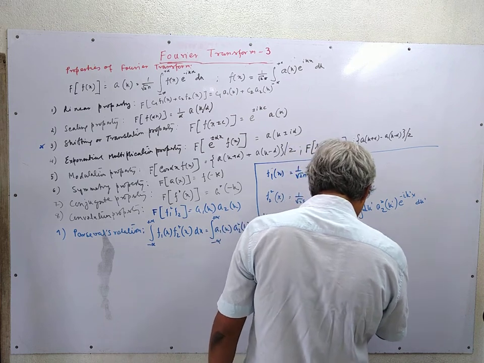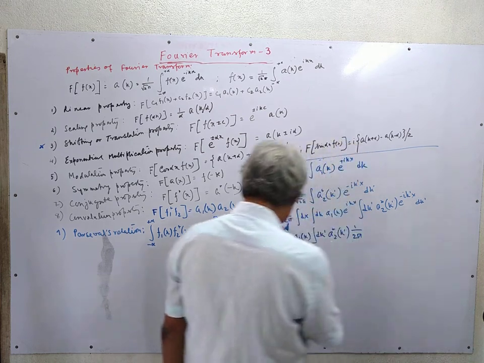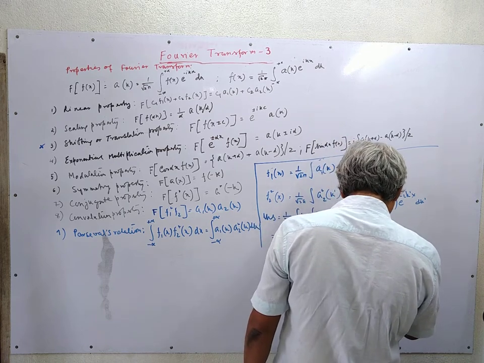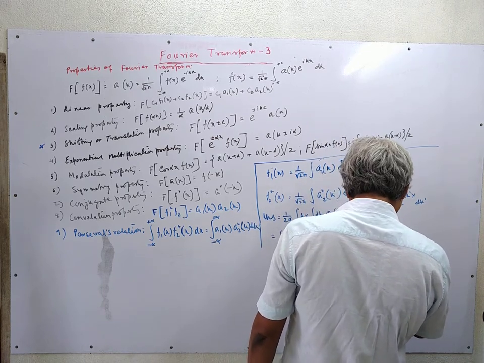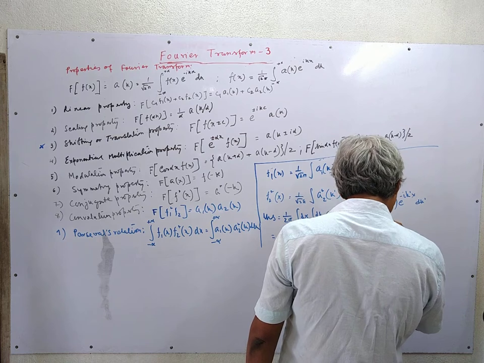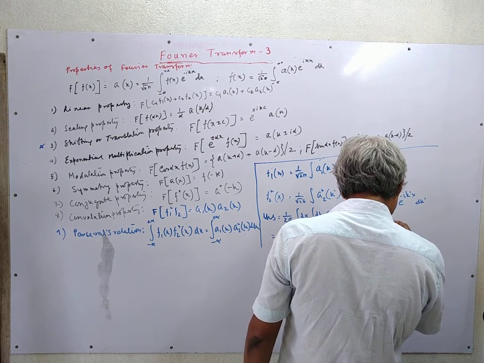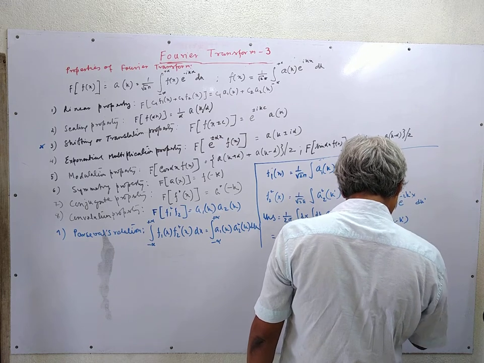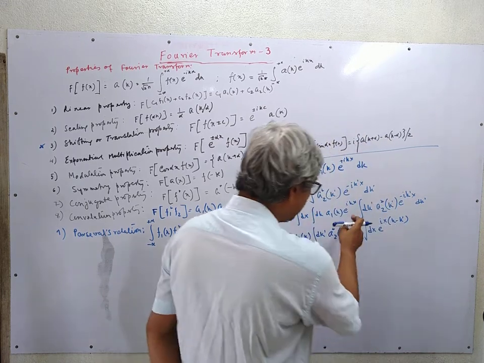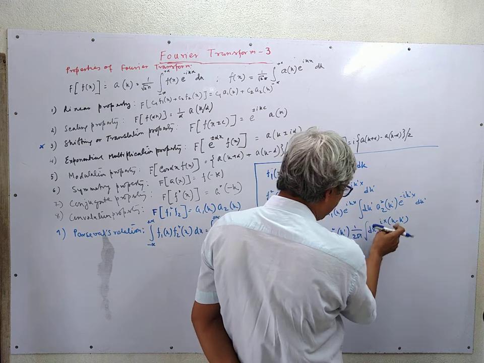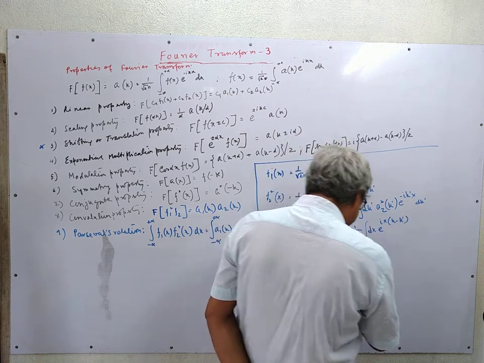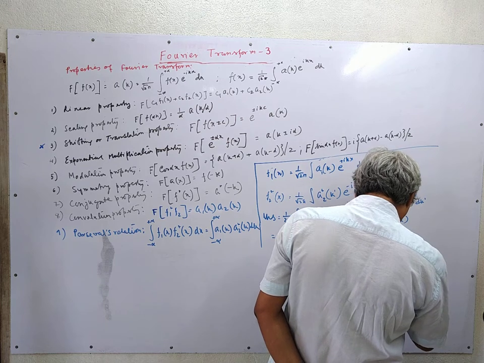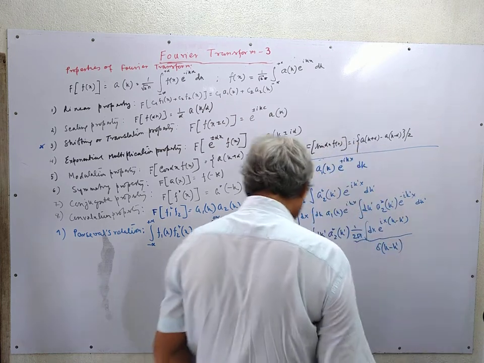Then we will have 1 upon 2 pi, this 1 upon 2 pi, integration over dx e to the power i x (k minus k prime). You see that e to the power i k x comes from there and minus k prime x. This all together is delta of k minus k prime.